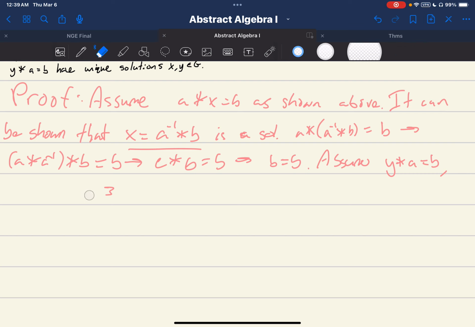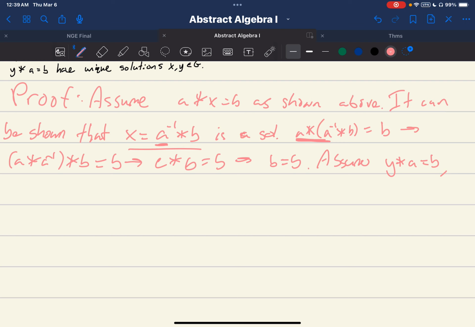So with this introduction to abstract algebra, you have to be careful of where you place this A inverse, right? Because I need it to line up directly next to the A. So there's a reason it's A inverse star B and not B star A inverse.